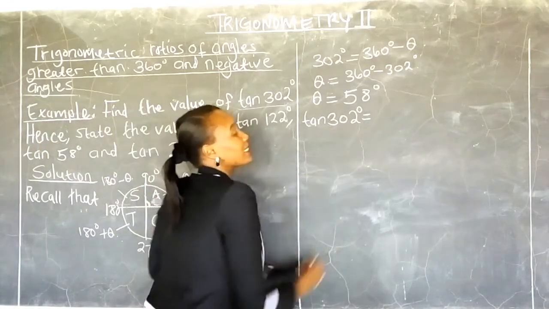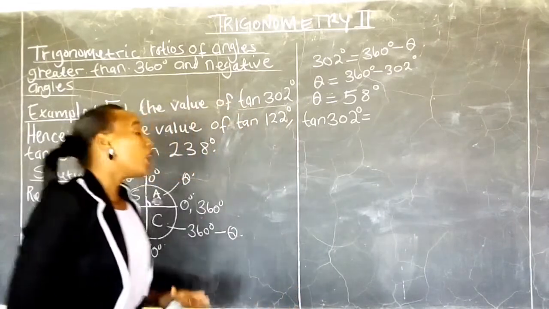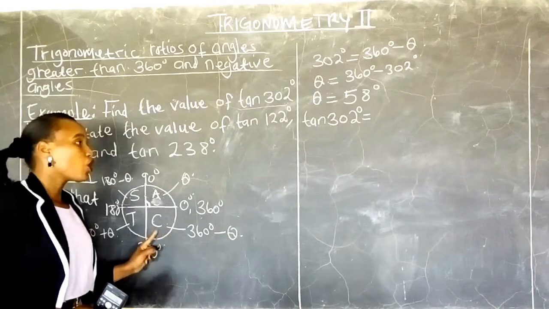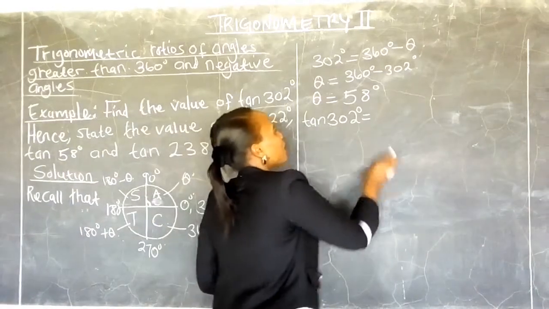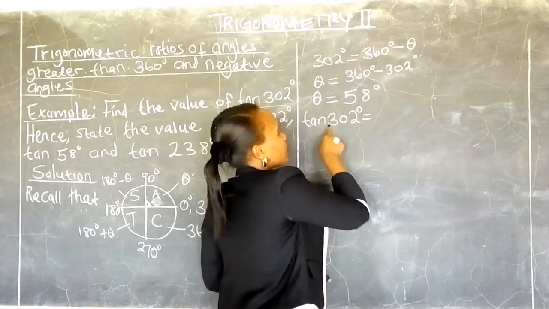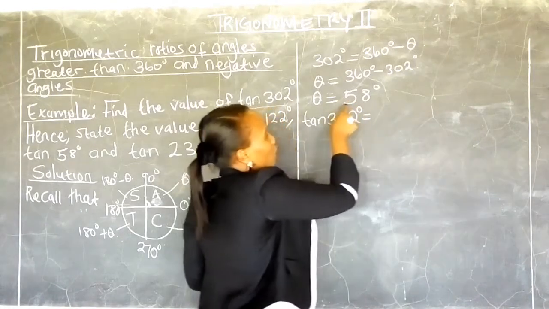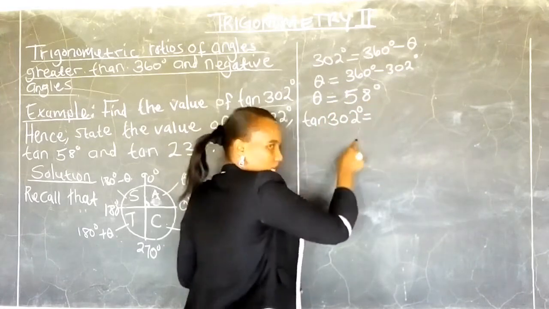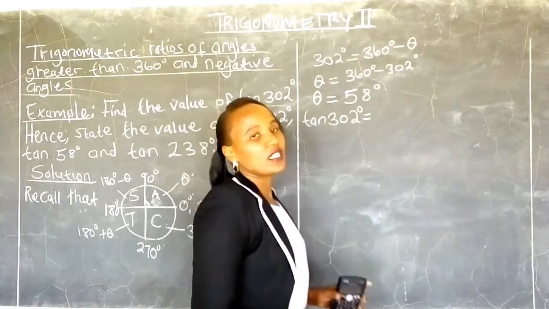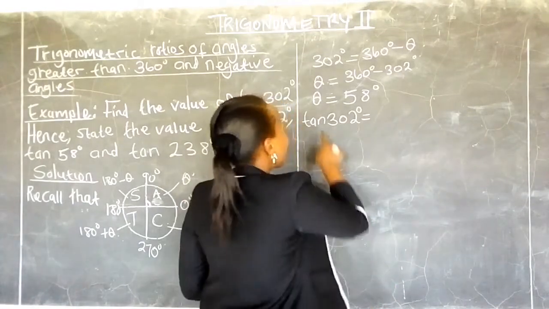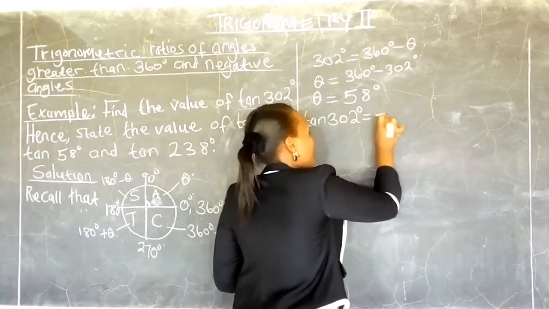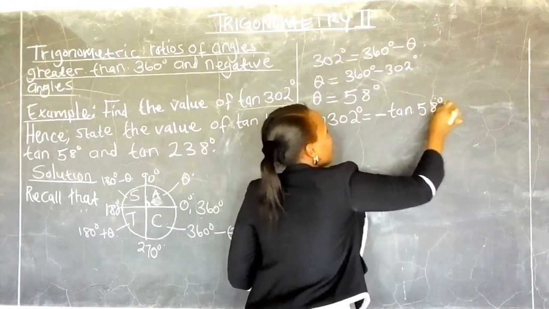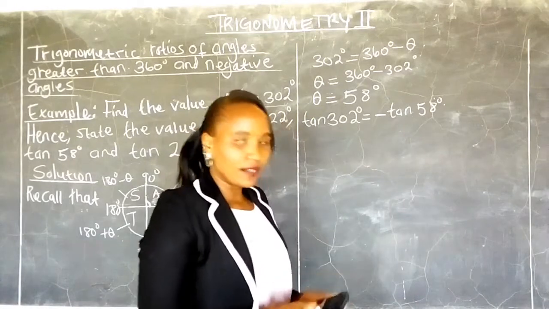And now 302 degrees falls into the fourth quadrant. So the trigonometric ratio of 302 will be equal to the tangent of 58 degrees, but the difference is that it will be negative. So tan 302 degrees is equal to negative tan 58 degrees.